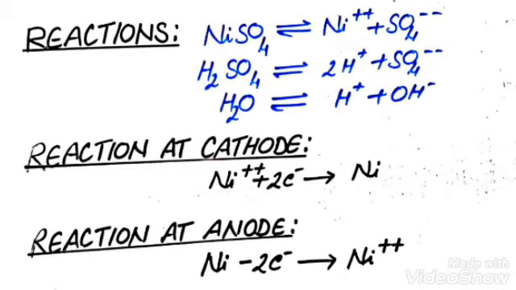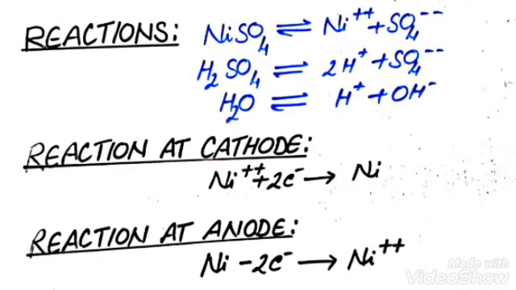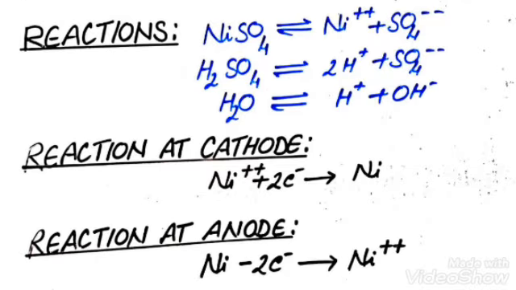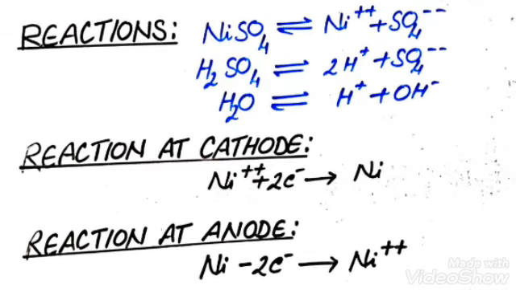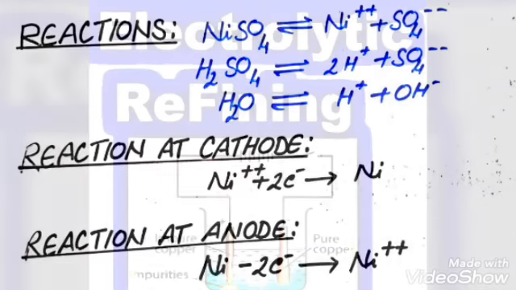Since anode is active anode, so nickel participates in the reaction. It loses its two electrons and converts into nickel ions. These nickel ions from the solution again get attracted towards cathode and get deposited at the surface of the article.